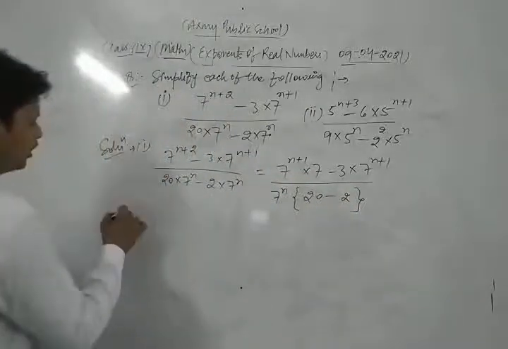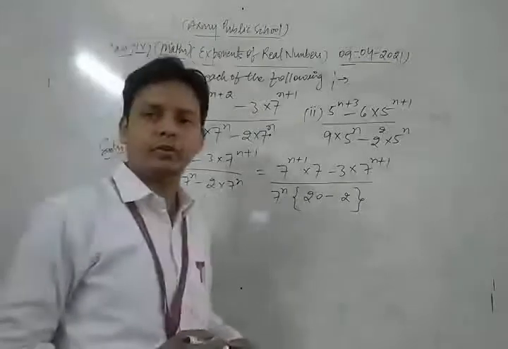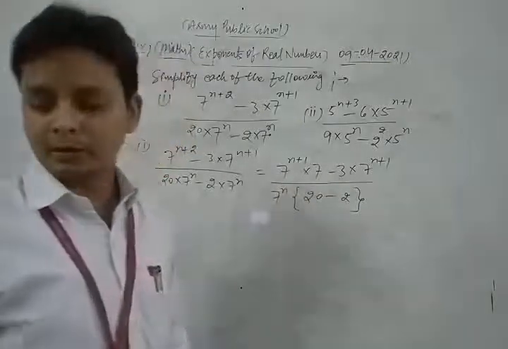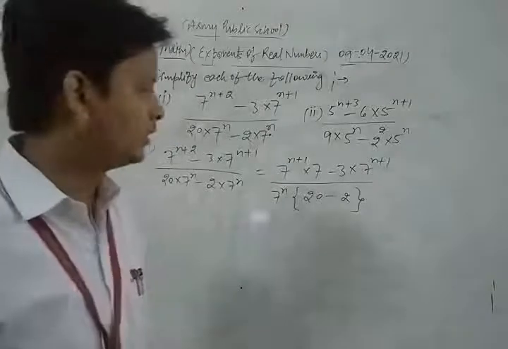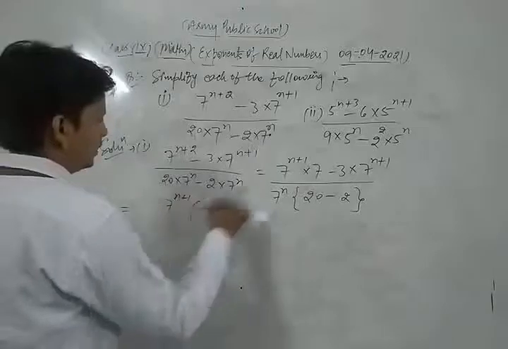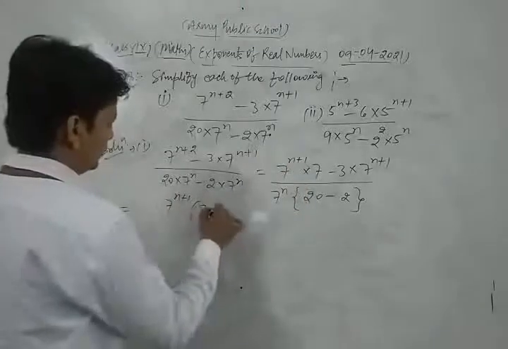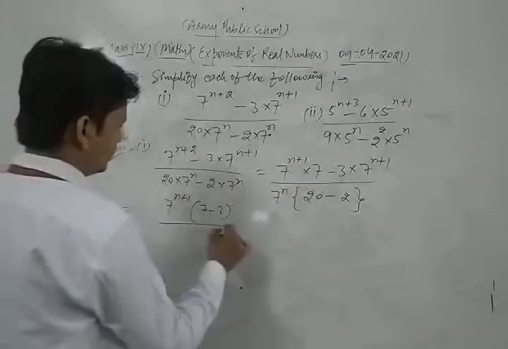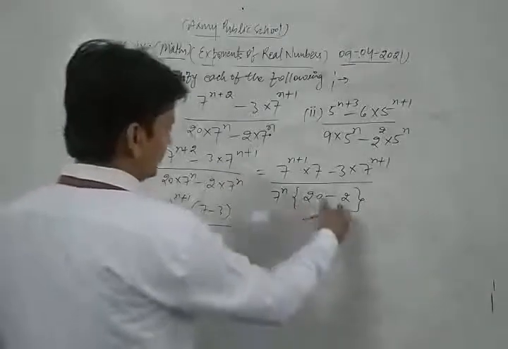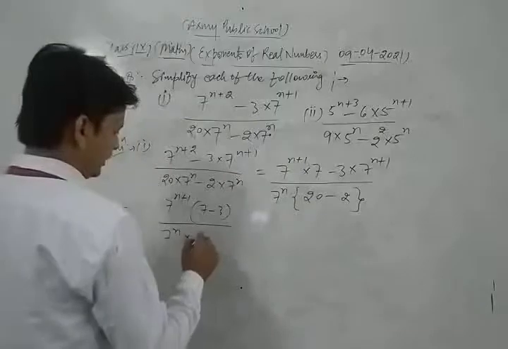Now from the numerator we also take 7 to the power n plus 1 as common. Then we get 7 minus 3, upon 20 minus 2, that is 18.